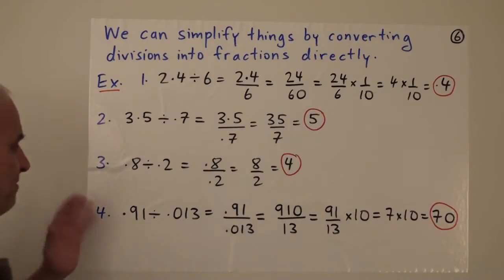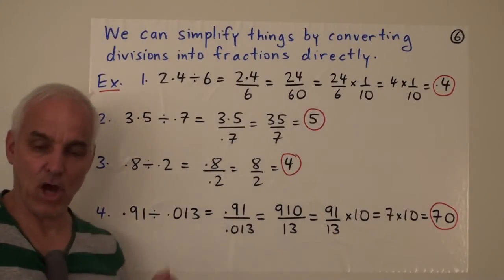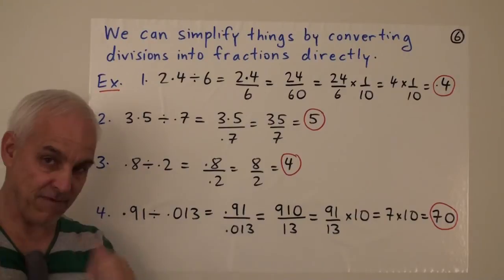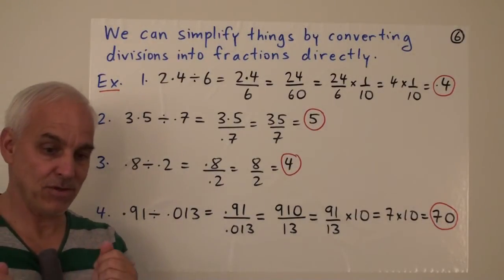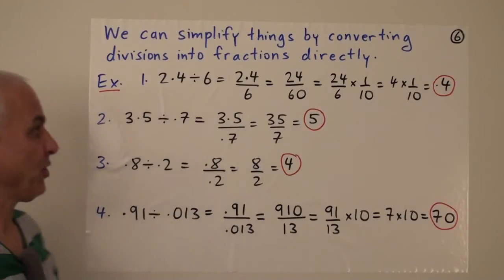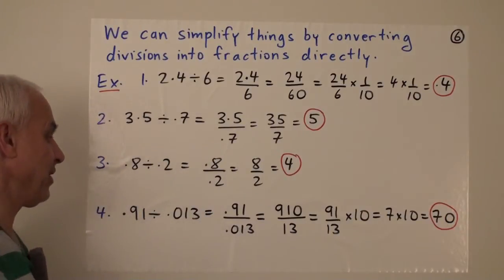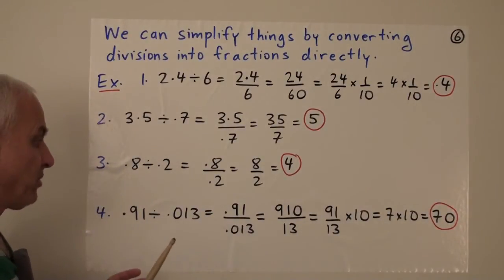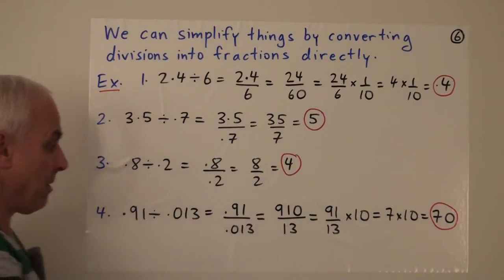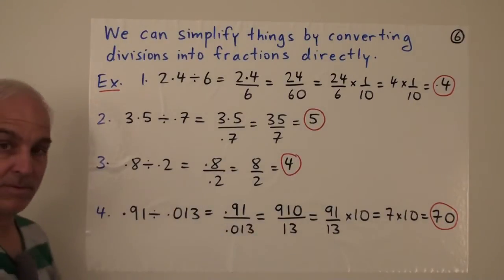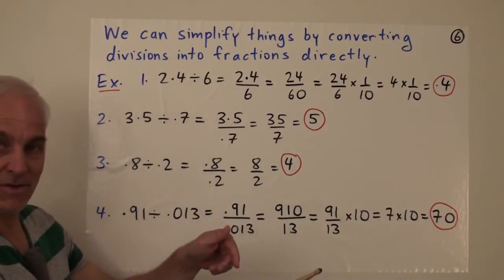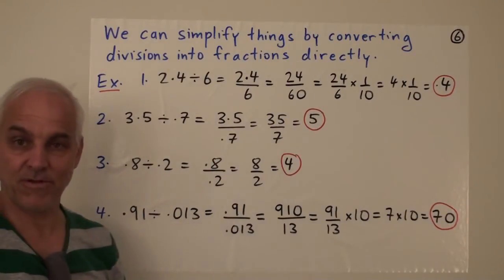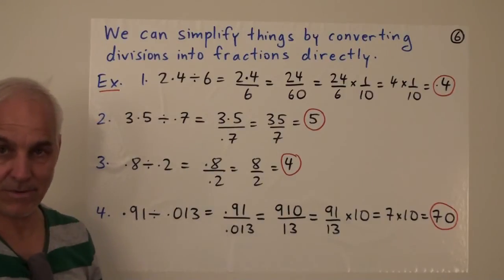All right, so this is a reasonably effective way of dividing by decimal numbers in a way that you don't require a calculator. You're basically converting this problem to a problem with natural numbers by multiplying the top and the bottom by whatever power of 10 you need to get rid of the decimals in both numerator and denominator.